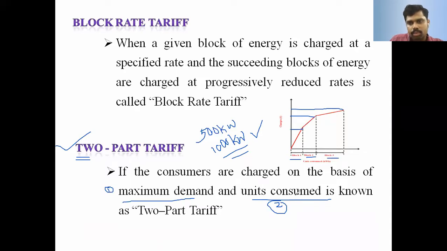They are paying the same amount. That is already fixed. The per unit cost is 5 rupees or 4 rupees. It is not considered for the high number of units. This is applicable only for large power utilization, that is large scale industry.